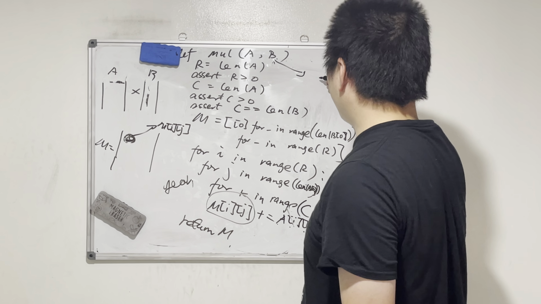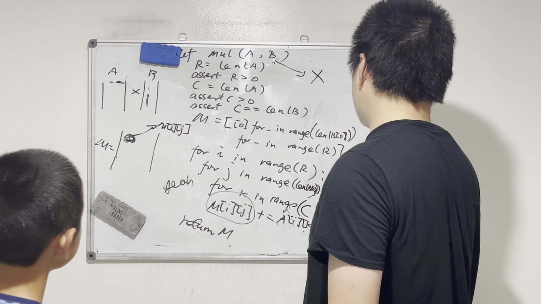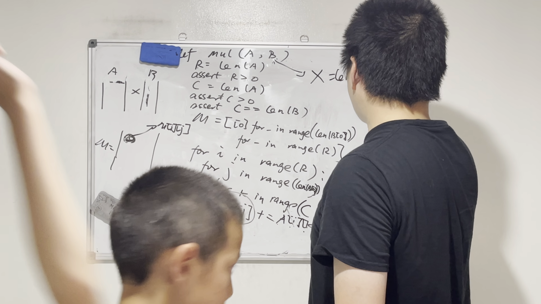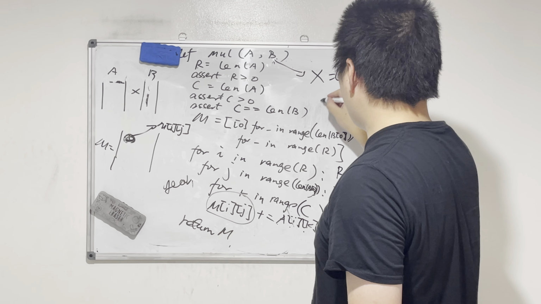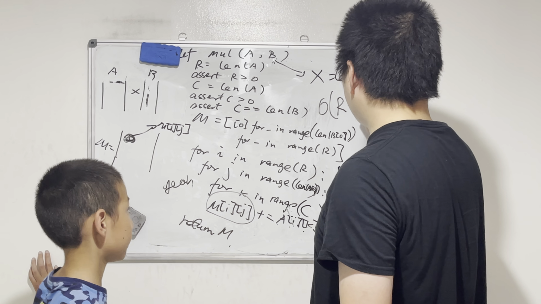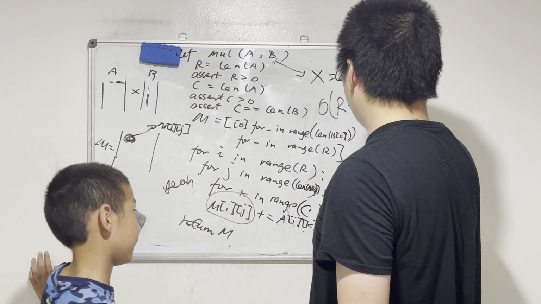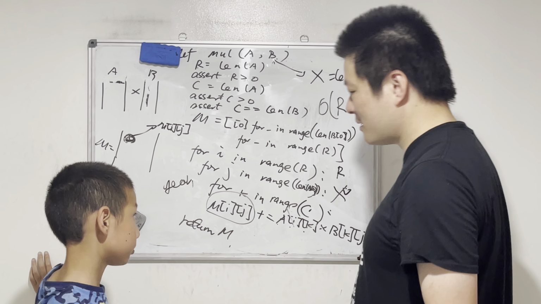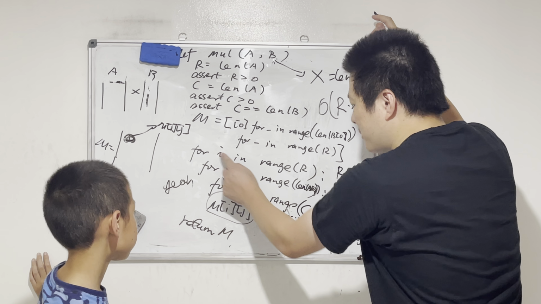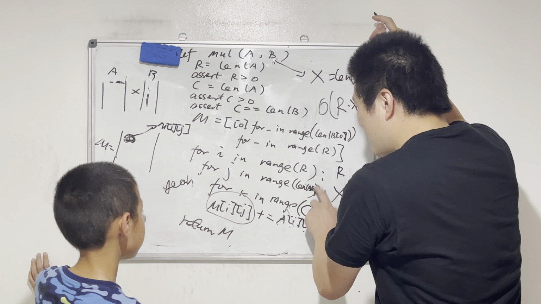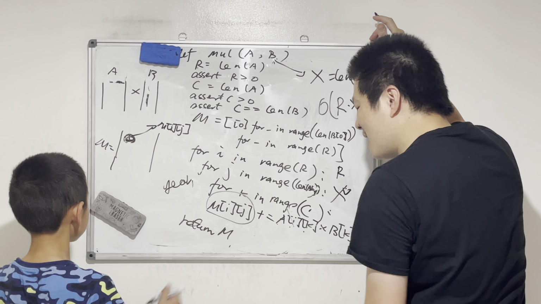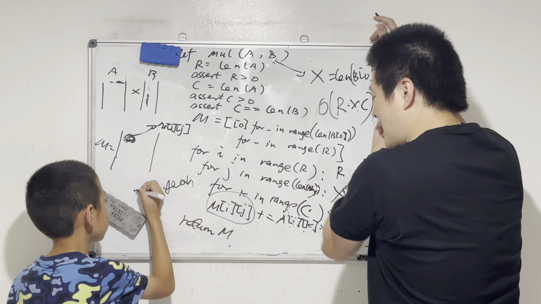Let's call it, I don't know, X, okay? This is X if length B0 is X. What's the time complexity? O of R times X times C. You see? 3 loops. In order to finish R loop, each R loop takes X loops. Each X loop takes C loops. So the time complexity is O of R times X times C.